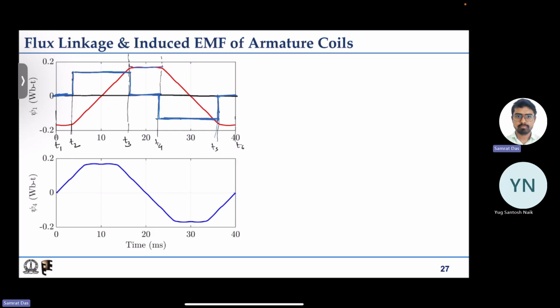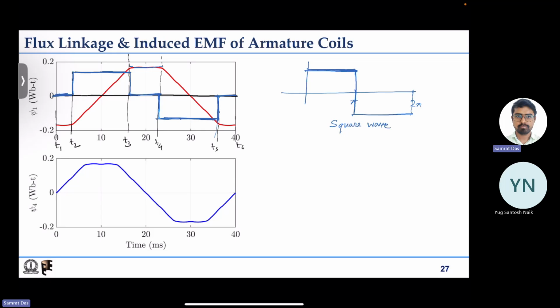the induced EMF will be 0. So if you have access to the coils of a DC machine, you will see that the induced EMF of the coils is this quasi-square wave. If you have a periodic thing from 0 to 2 pi, something positive from 0 to pi and negative from pi to 2 pi is known as a perfect square wave.